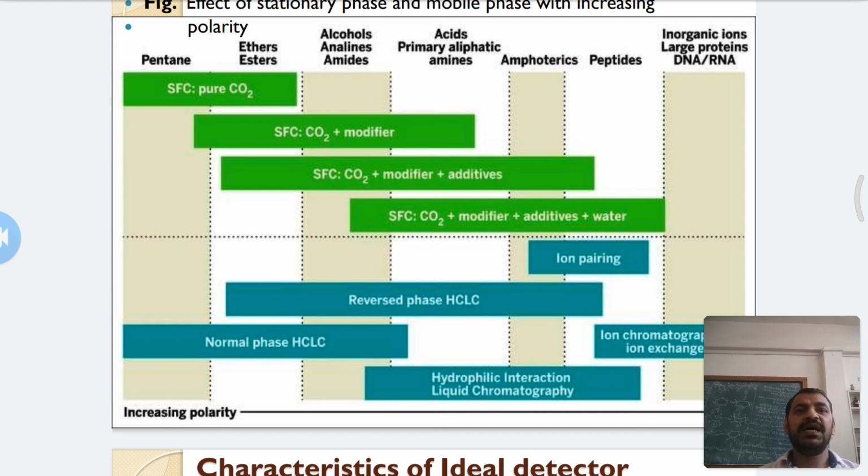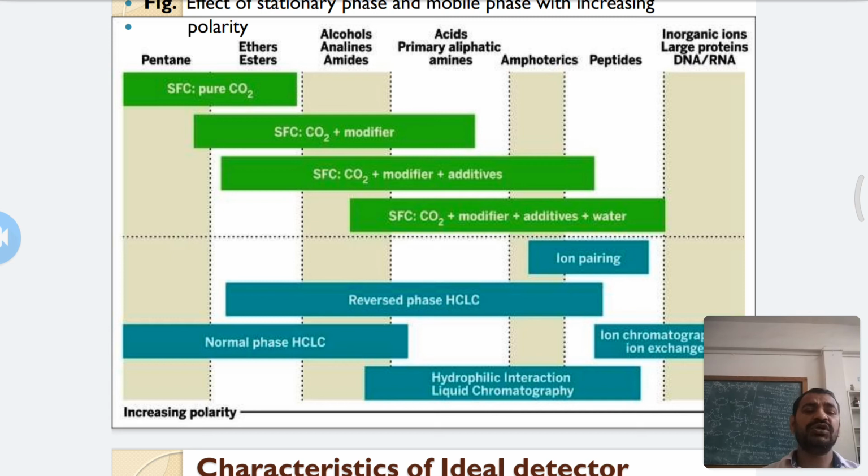Similarly, pentane, ethers, and alcohols are separated using normal phase HPLC. Acids and primary aliphatic amines are separated by hydrophilic interaction liquid chromatography.